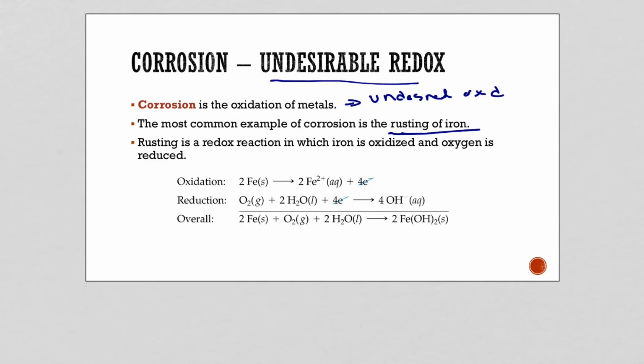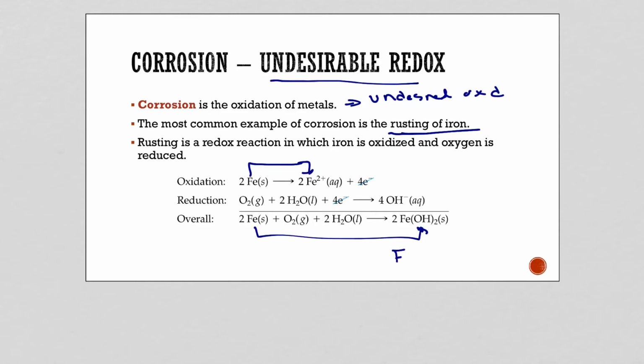And so in rusting, our iron is converted into iron ions, and oxygen from the air is reduced to form hydroxide ions, and we get our formation of Fe(OH)2, iron hydroxide. Now, I must say, this is not actually rust.